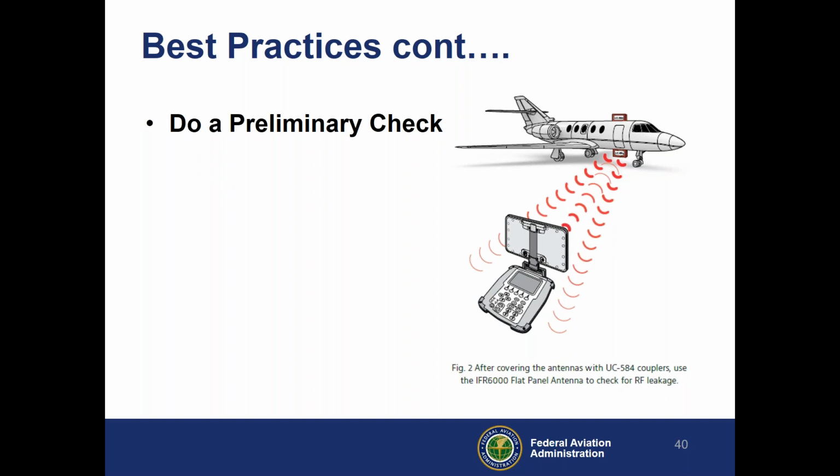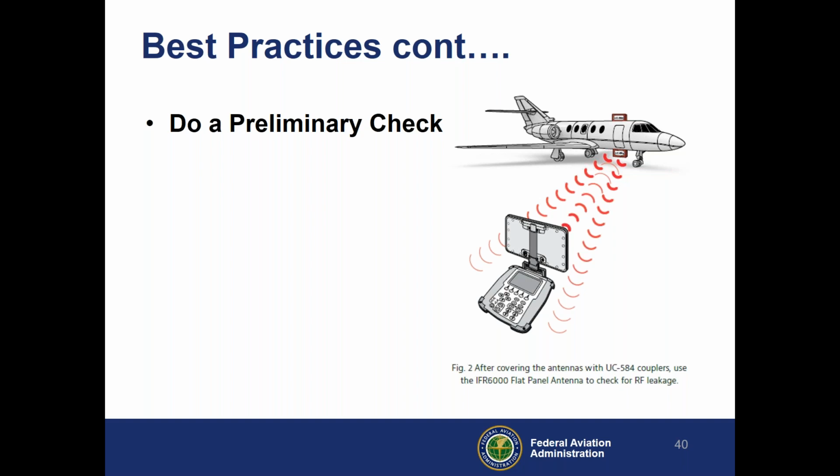You probably have this procedure in your actual operations manual for that test equipment. Yes, it's in there. Once you have your RF couplers installed, you can do a quick check. You can just do an output power check of your transponder using the flat panel over-the-air antenna.